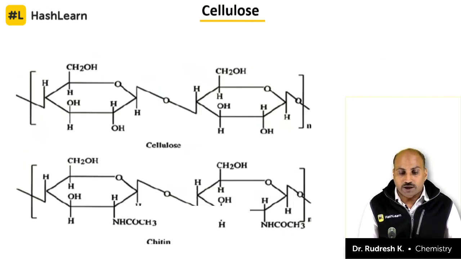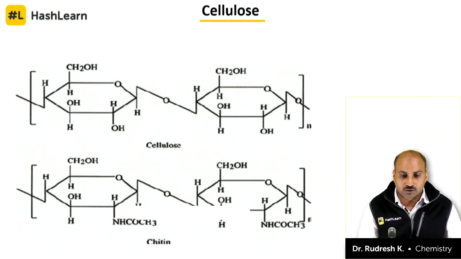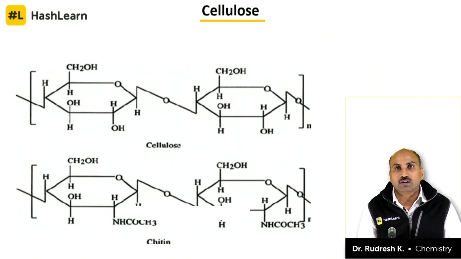Okay. So now I will be talking about another important component, cellulose. Cellulose is a structural polysaccharide of plants. Starch is the storage polysaccharide, from which we get energy.